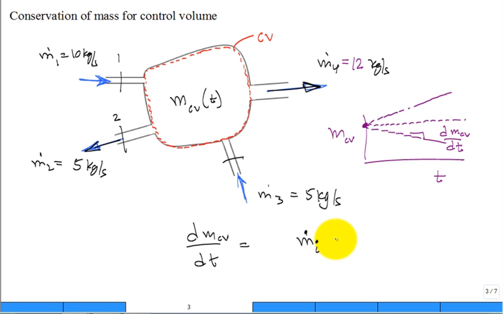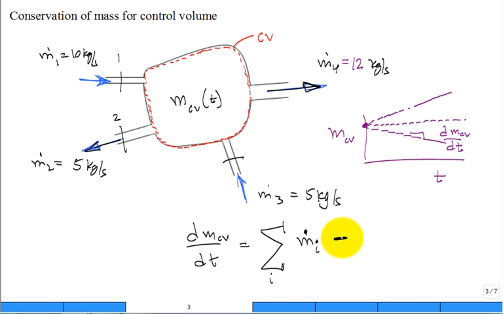Why do we use the subscript i, in? Why do we put a dot over that m? It's not just mass in, but it's the rate at which mass is flowing in, so it's like kilograms per second. If we have multiple inlet pipes into the control volume, what do we put right there? Sum over all the ins.